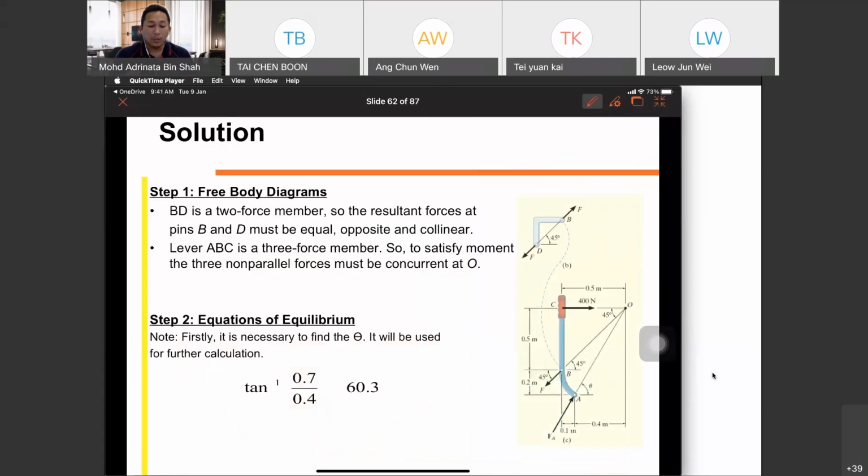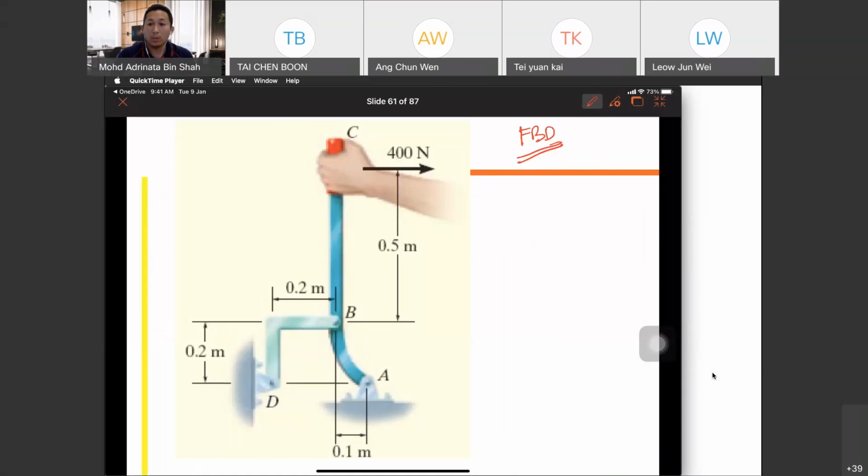So the first one is the free body diagram. We have two structures, two bodies. The first one is this one, the second one is this one. This is a pin, this is a pin.